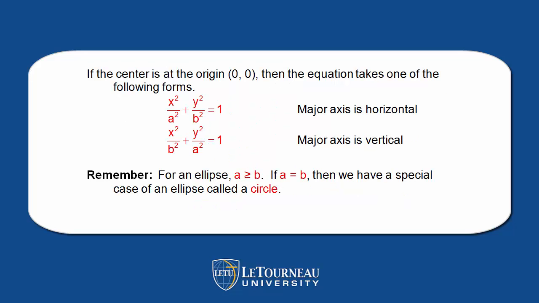If the center is at the origin, then we get the easy ones. x squared over a squared plus y squared over b squared equals 1, and x squared over b squared plus y squared over a squared equals 1. For an ellipse, a is always greater than or equal to b.